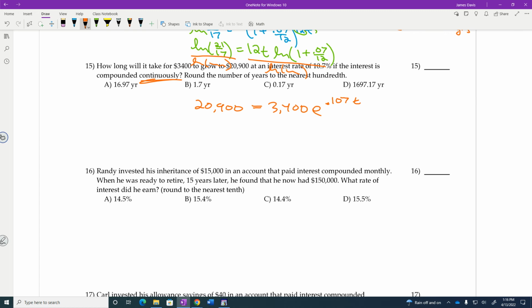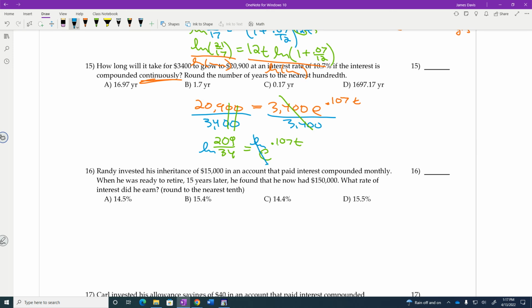So as always, the first thing we'll do is divide by 3,400. That gives 209 over 34 equals e to the 0.107t. Since we've got e, the opposite of that is natural log, and that wipes it out.